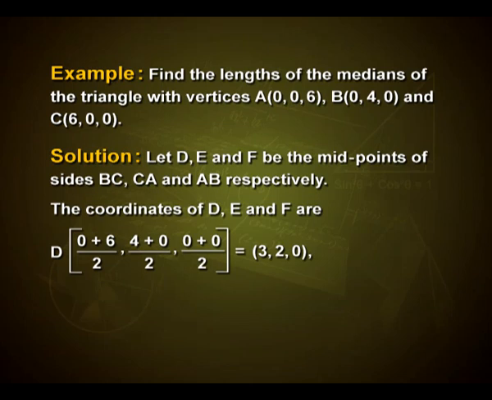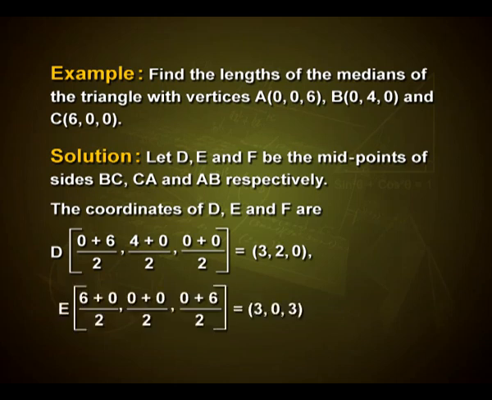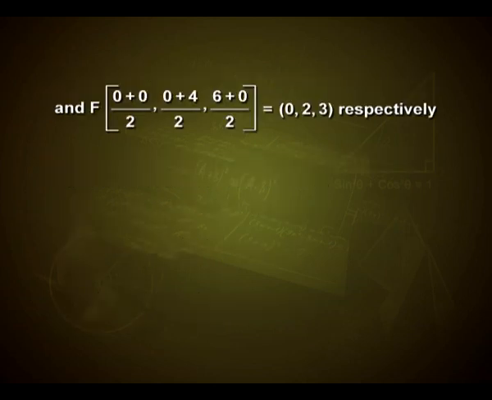Similarly, we can calculate the coordinates of point E as (6 plus 0) upon 2, comma (0 plus 0) upon 2, comma (0 plus 6) upon 2, that gives us 3, 0, 3, and the coordinates of point F can be calculated in the similar manner as (0 plus 0) upon 2, comma (0 plus 4) upon 2, comma (6 plus 0) upon 2, that is equal to 0, 2, 3 respectively.